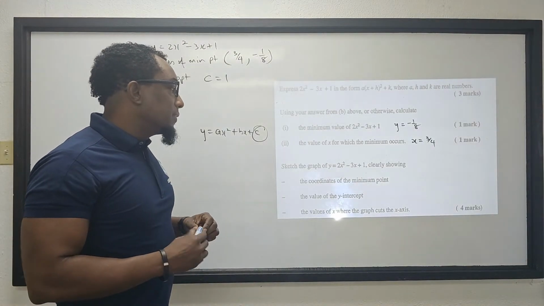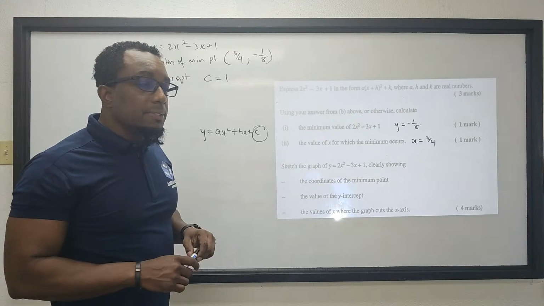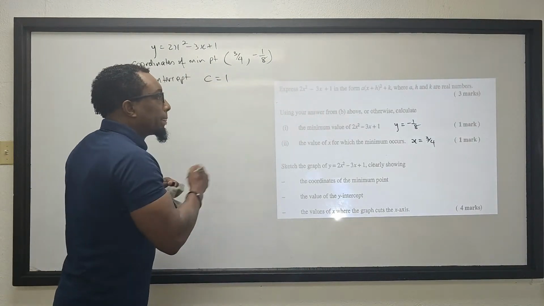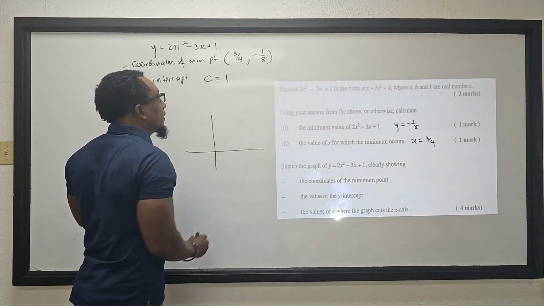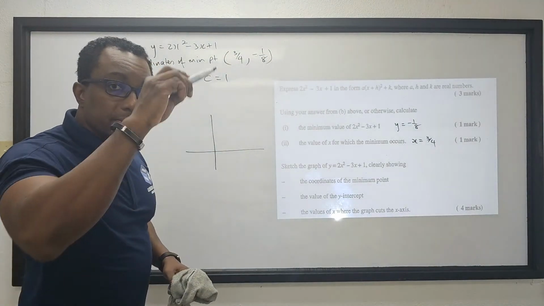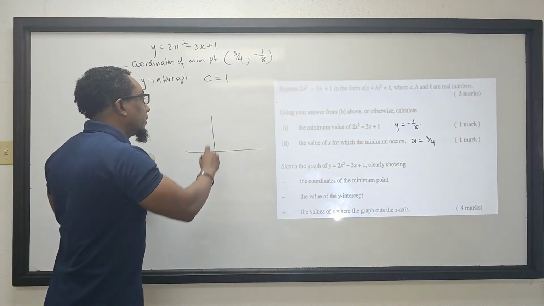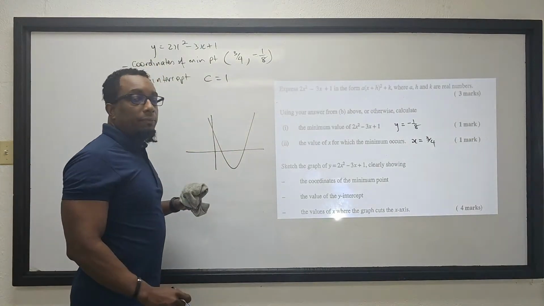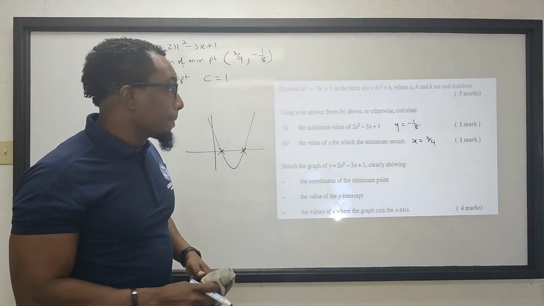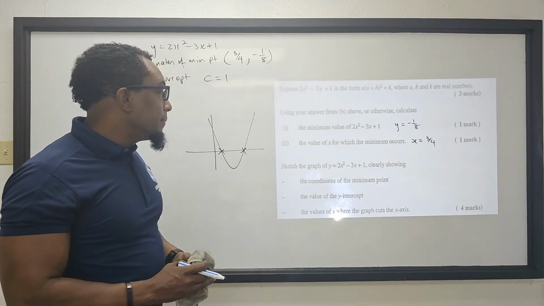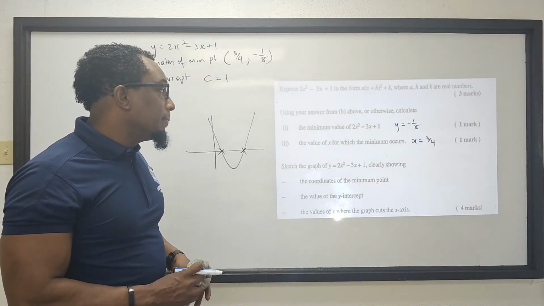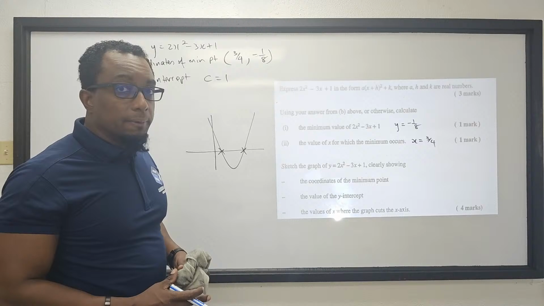Now, they want us to determine the values of x where the graph cuts the x-axis. The number in front of x squared is positive, so it's a minimum turning point, or a curve shape like this. And of course, it will cut the x-axis at 2 points, which are called your roots. So what we want to do is to determine the x coordinates, and from there we're able to sketch the function.